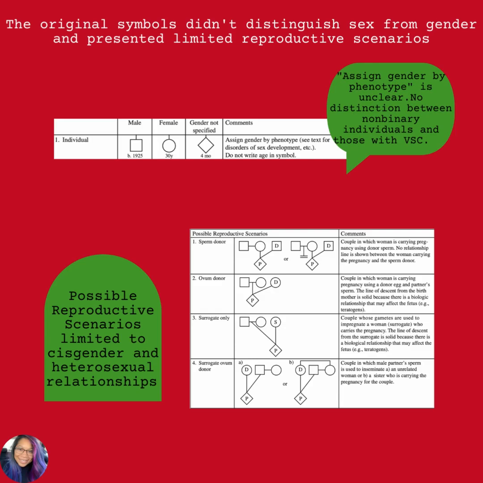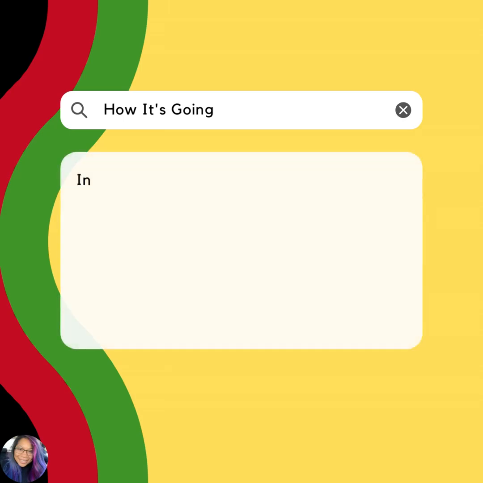So now there are a number of different ways that you can document specific reproductive scenarios. But at that time, the things that were really described were a sperm donor, egg donor, surrogacy, but that was more limiting at that time to heterosexual relationships typically.